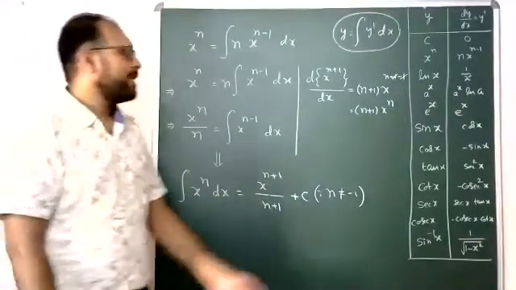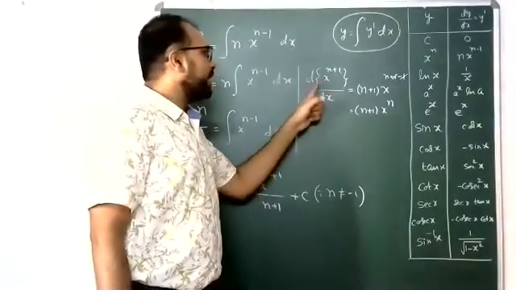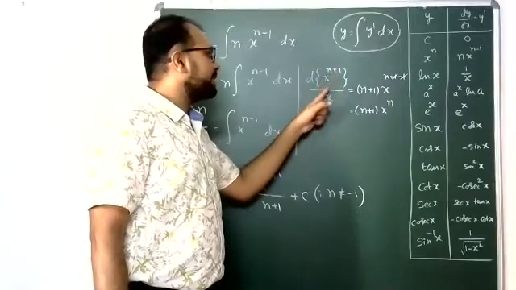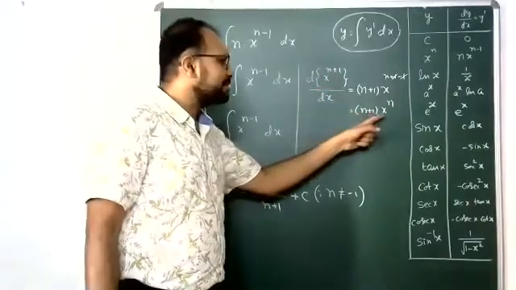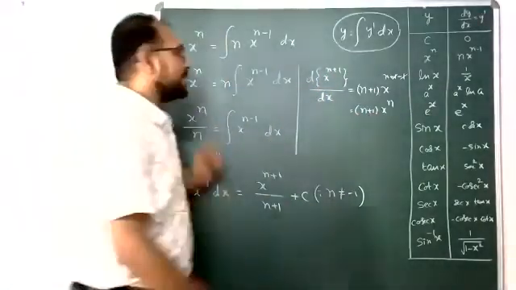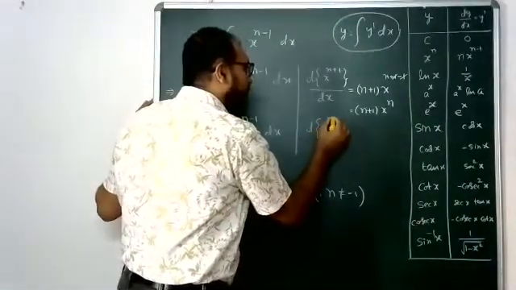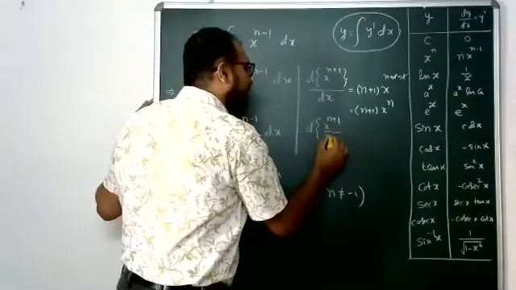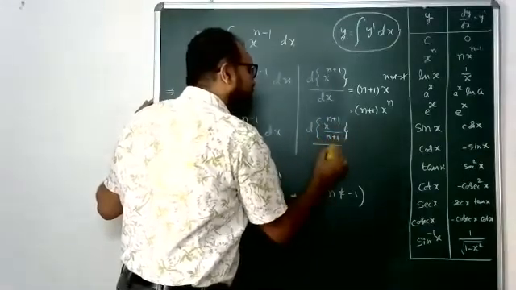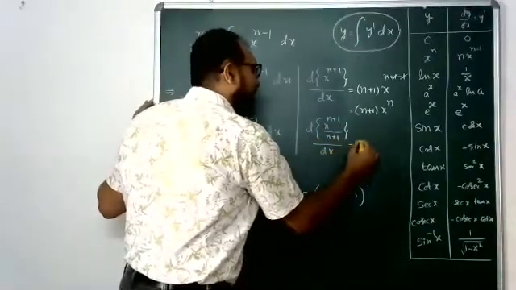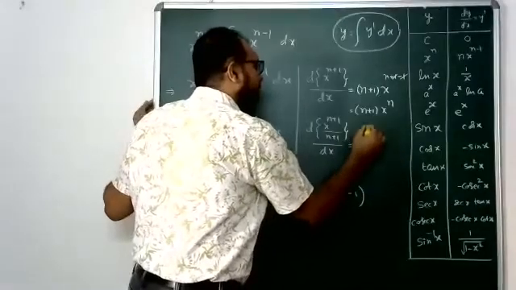Now suppose the derivative of x to the power of n plus 1 by n plus 1 with respect to x equals x to the power of n.